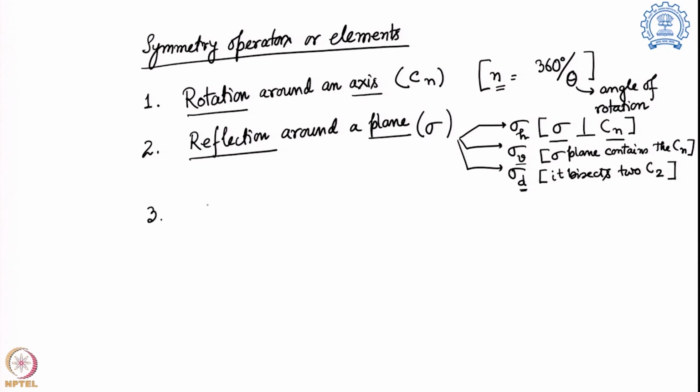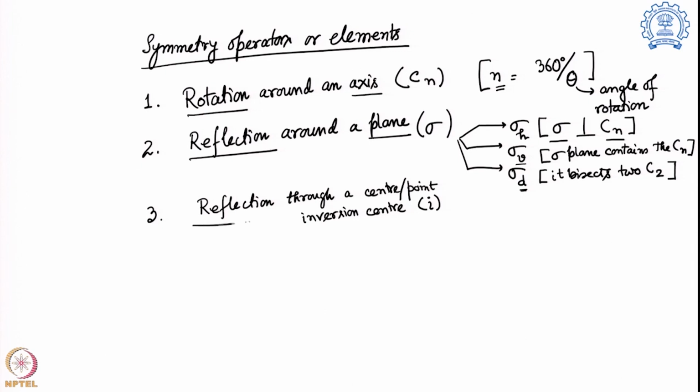The next one comes reflection through a center or point, and that is also known as inversion center, and given by this term i, and this is typically a center which sits at the center of the molecule.